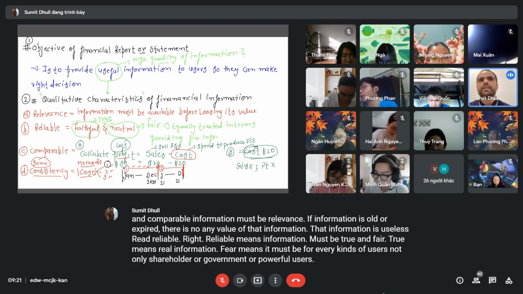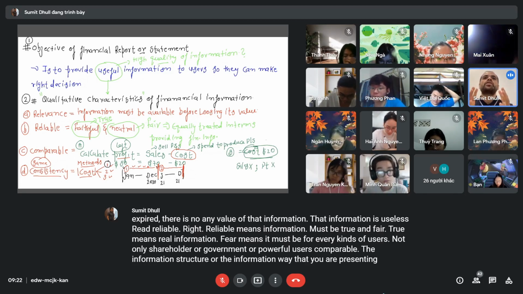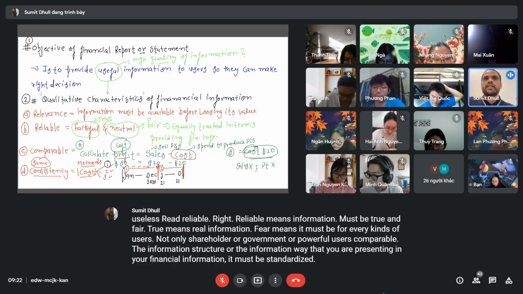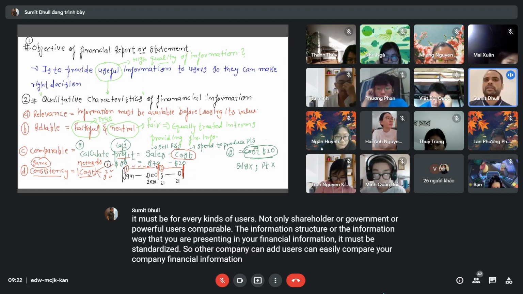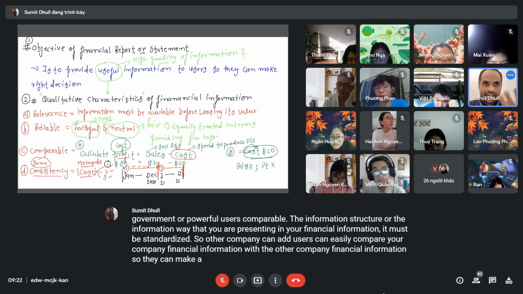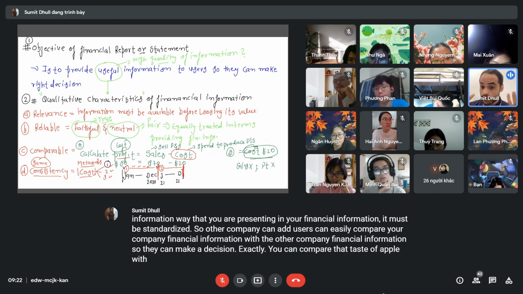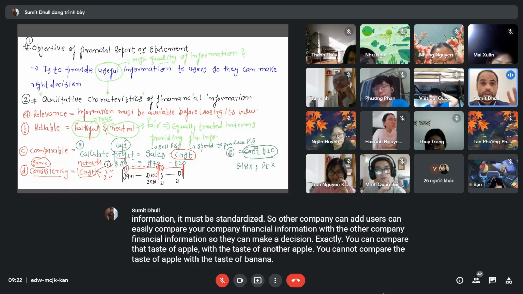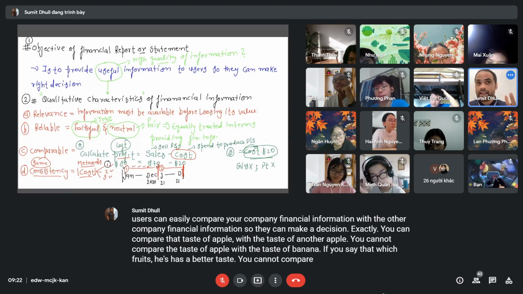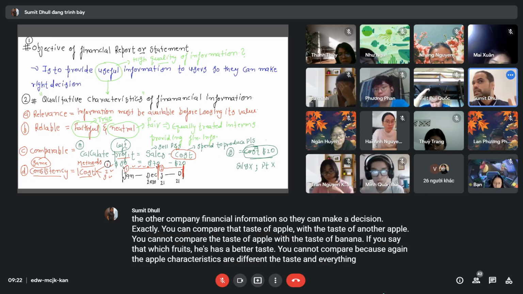users. Comparable means the information structure, or the way you present your financial information, must be standardized. So other users can easily compare your company's financial information with another company's financial information, so they can make a decision. Exactly. You can compare the taste of an apple with the taste of another apple. You cannot compare the taste of an apple with the taste of a banana. If you ask which fruit has a better taste, you cannot compare, because the apple's characteristics, taste, and nutrition value are different from the banana's.